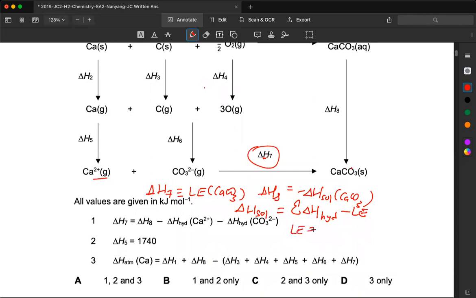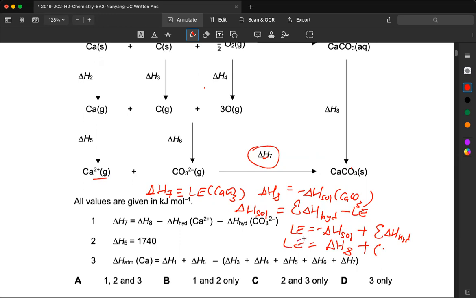So lattice energy is the same as hydration minus solution. Okay, so hydration, isn't it this? So this is hydration, no? Plus.